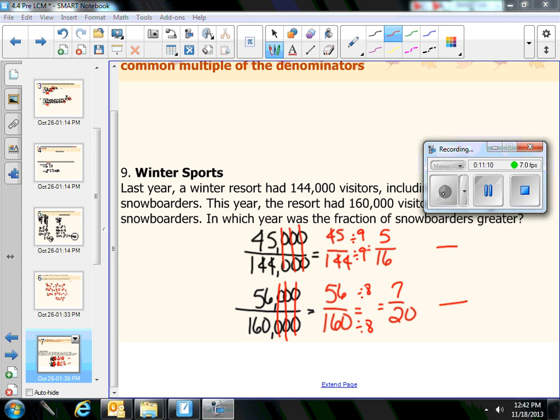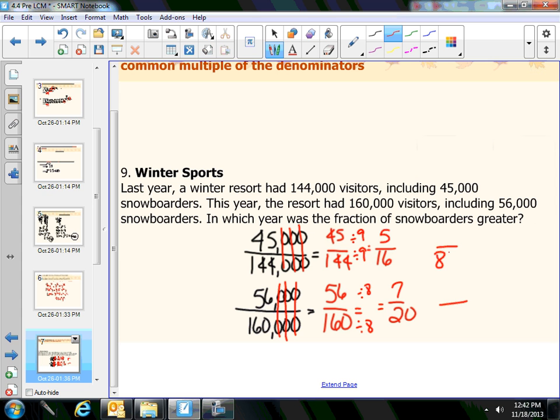So in order to compare these two fractions, we try to find the least common multiple. We're not trying to reduce them anymore. We've already reduced them enough. So now, since we're trying to compare them, we need to find the least common multiple to compare them with.